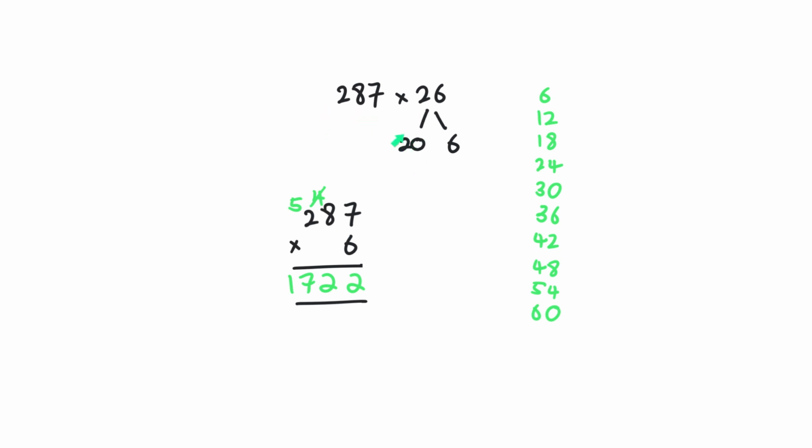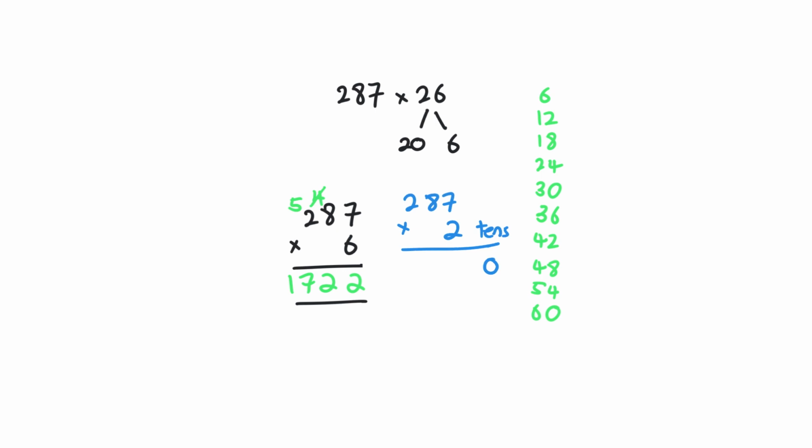287 times 20. So 20 is actually 2 tens. What I can do is, let me change to a different color now, 287 times 2 first, because this is 2 tens. Later on, in my answer, I just put a 0 behind.